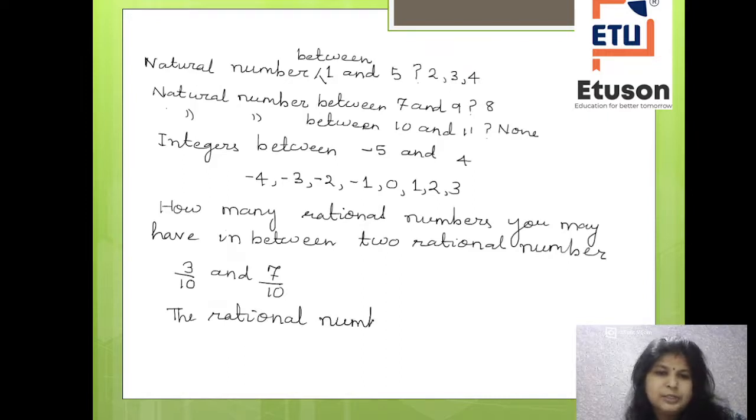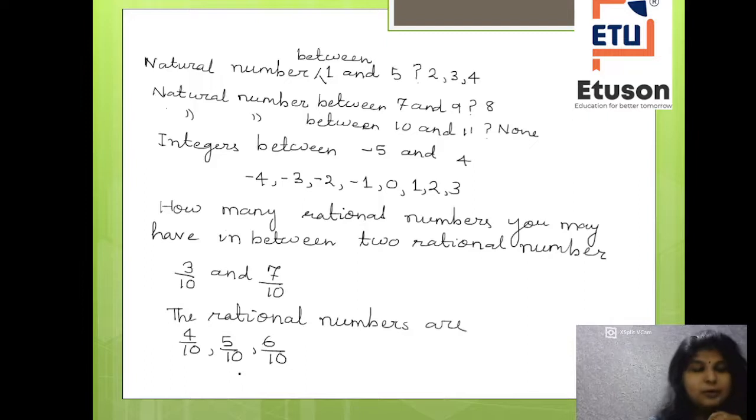It is quite obvious you will think in that fashion. So the rational numbers are 4 by 10, 5 by 10, 6 by 10. Do you think that these are the only three numbers possible in between 3 by 10 and 7 by 10? No. Why no?